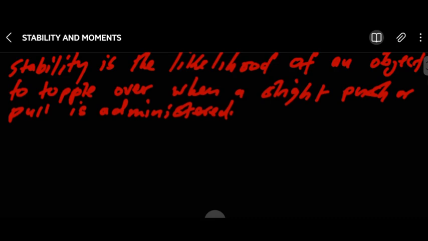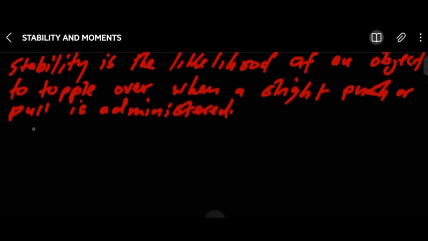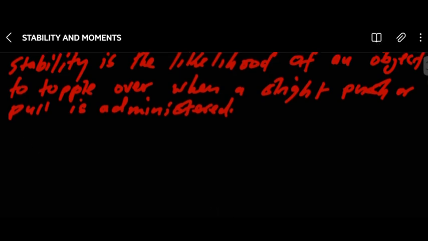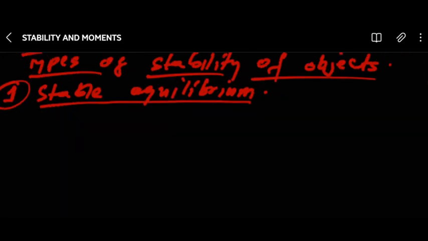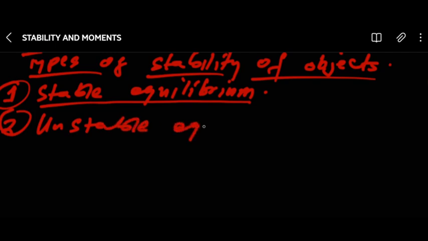So stability is divided into three. We have three types of stability. One, which is stable equilibrium. Number two, which is unstable equilibrium.